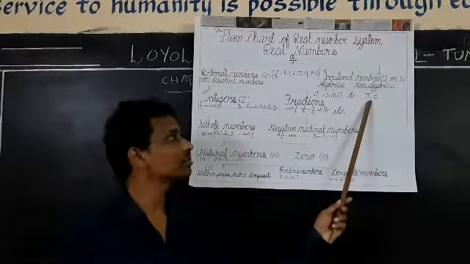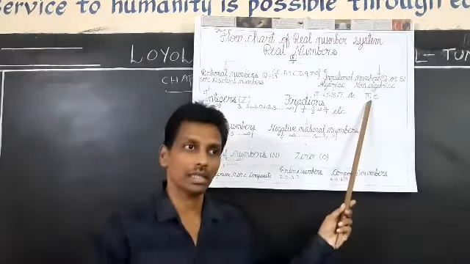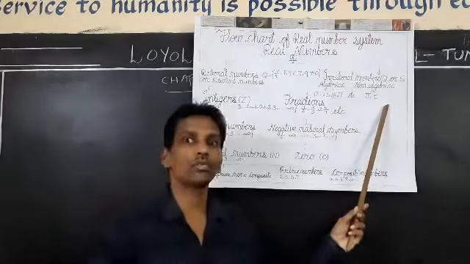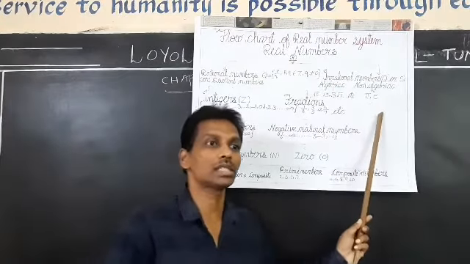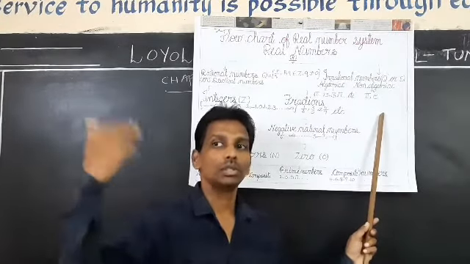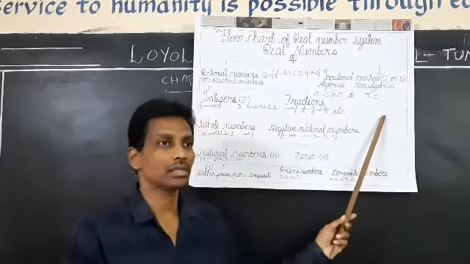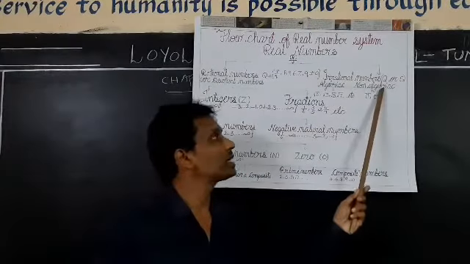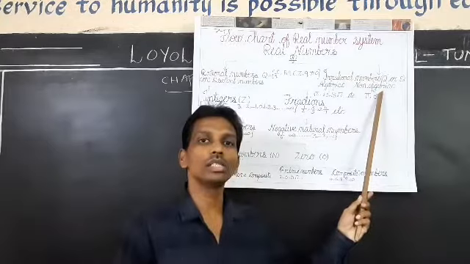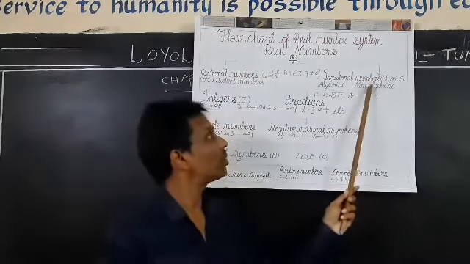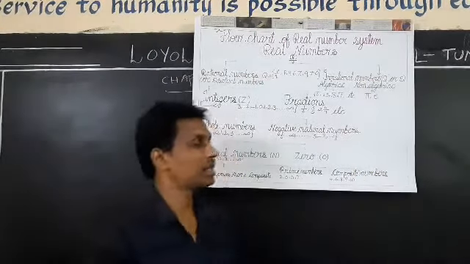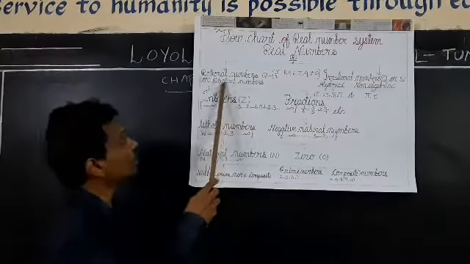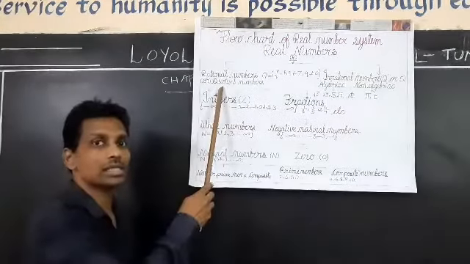And next, pi. It is a Greek letter. E for epsilon. Of course, we need not discuss this. It comes for you in your further classes. So these two are the examples for non-algebraic irrational numbers.